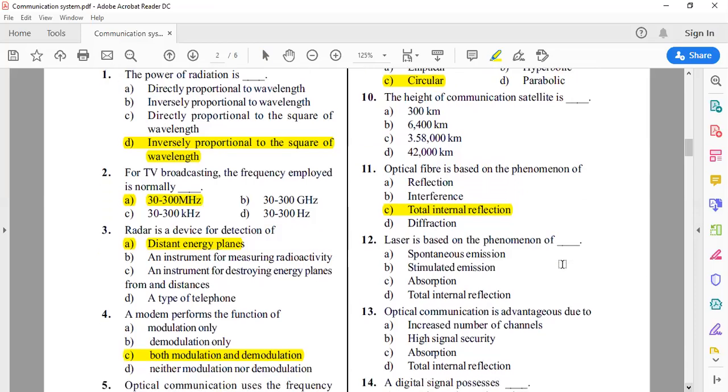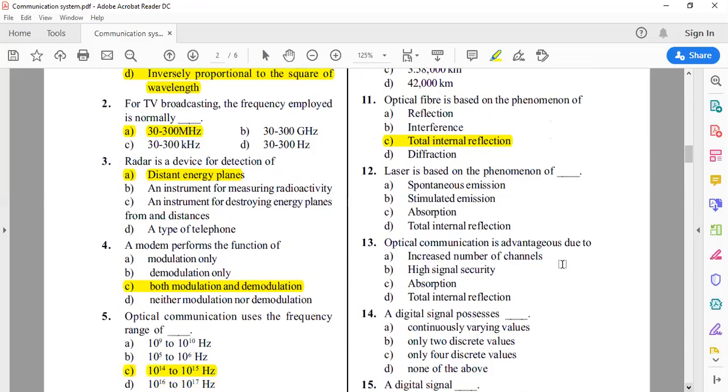Next one, question number 12, the laser is based on the phenomena of. According to the full form of laser, you get the answer. Laser means L indicates light, A indicates amplification, by S indicates stimulation, emission of radiation.